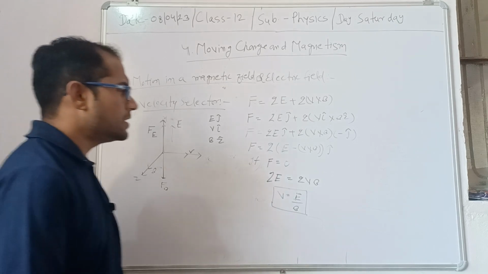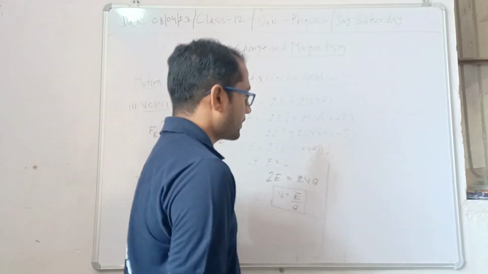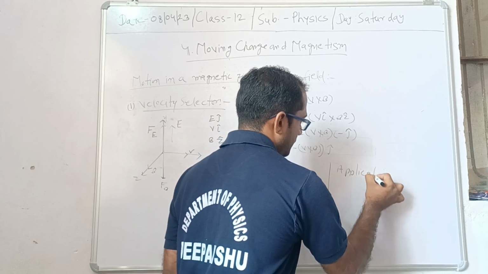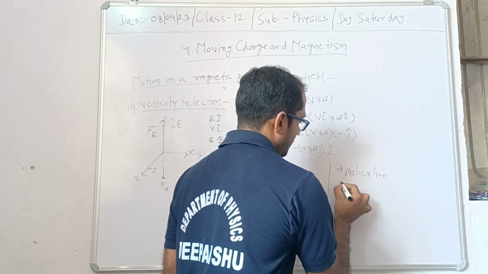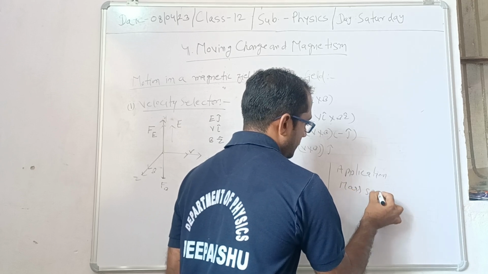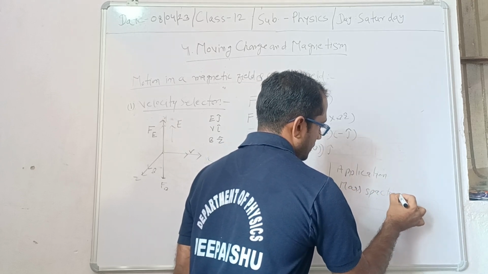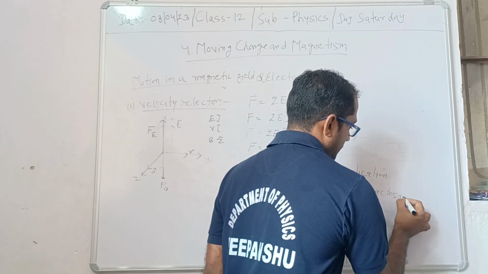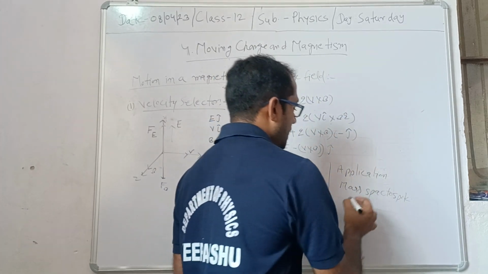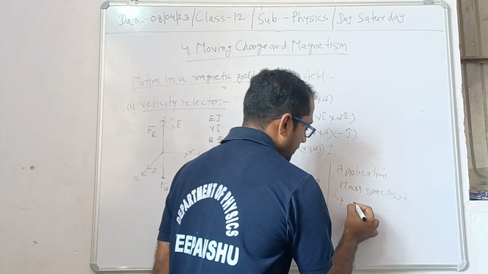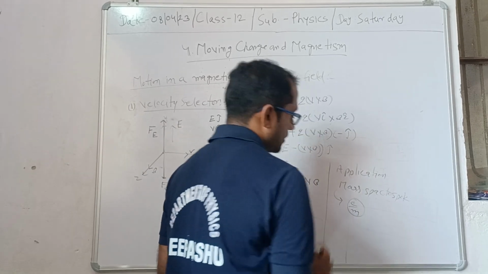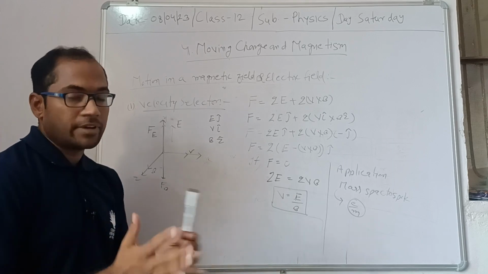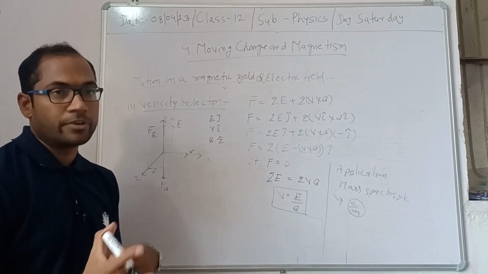This phenomenon is used in the mass spectroscope. The application is the mass spectroscope, because in a mass spectroscope the ratio E by B is useful, and so we can easily classify the particles by their velocity.